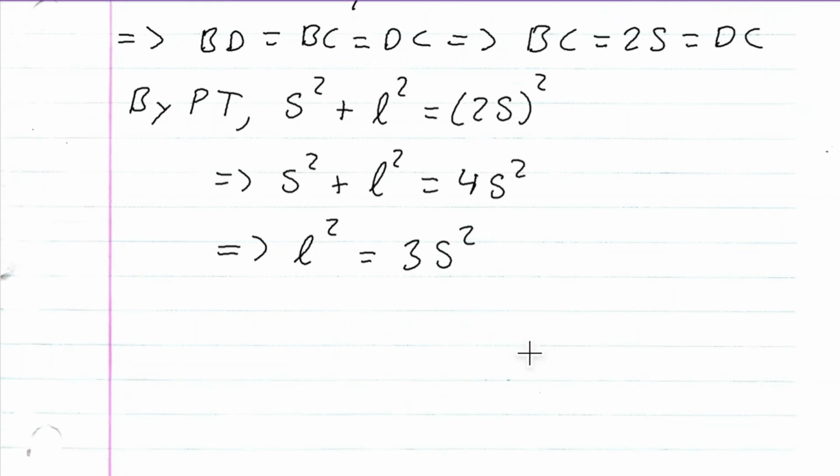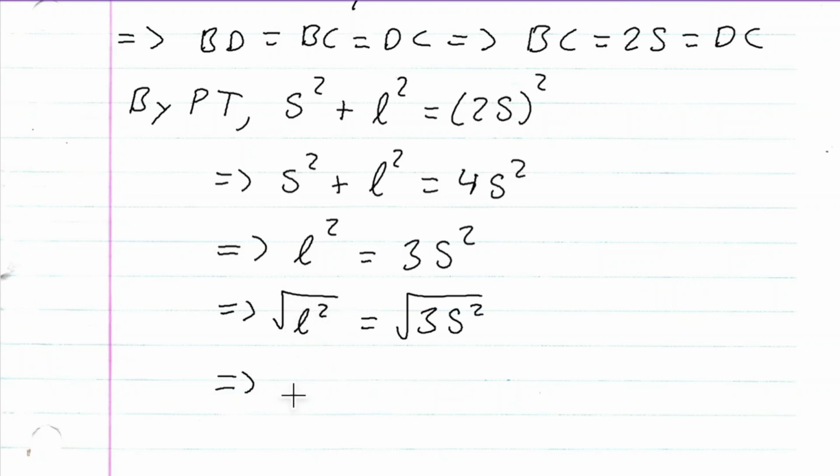I can take the square root of both sides, right? So this implies that the square root of L squared is equal to the square root of 3S squared. And then, of course, we know L is going to be positive, so the square root of L squared is just going to be L, and we could separate this to be the square root of S squared times the square root of 3.